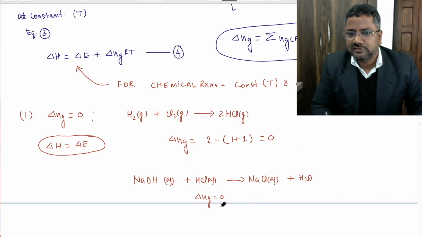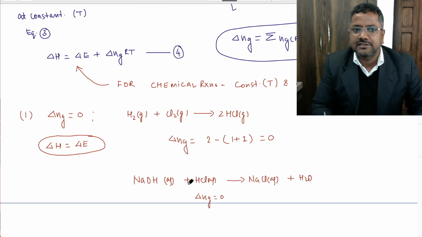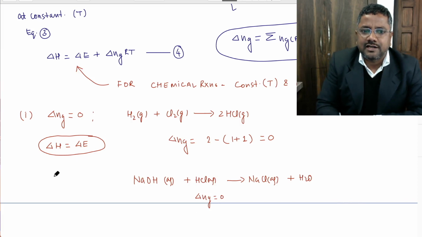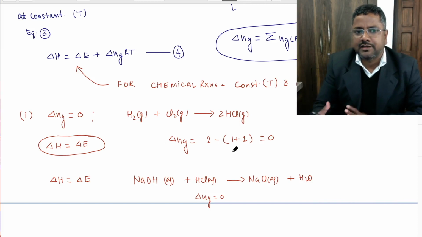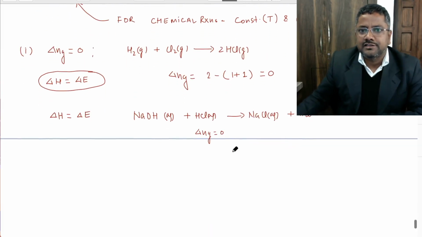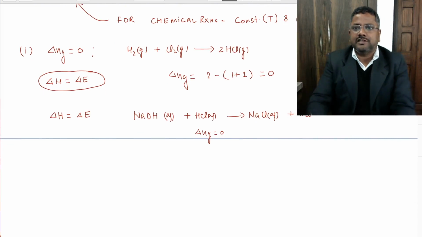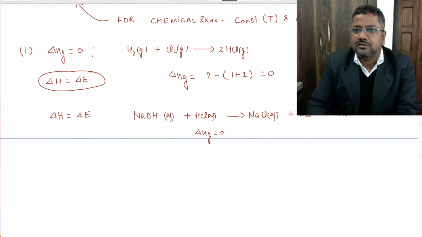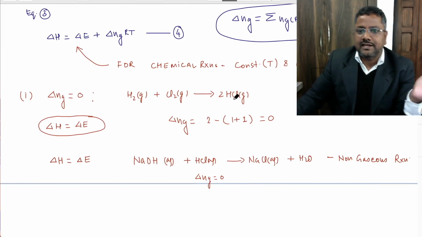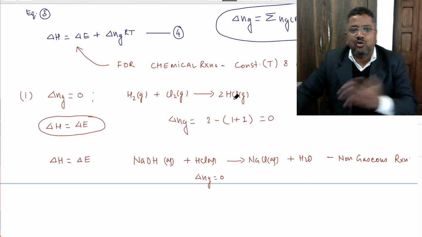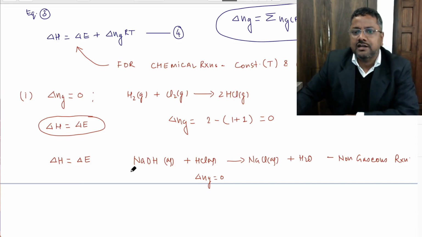So delta H is equal to delta E, right? We have two conditions where delta Ng is equal to 0: if there is no gaseous reaction, so this is a non-gaseous reaction, or a gaseous reaction for which the left hand side and right hand side have the same number of gaseous moles. Then delta H and delta E are equal.